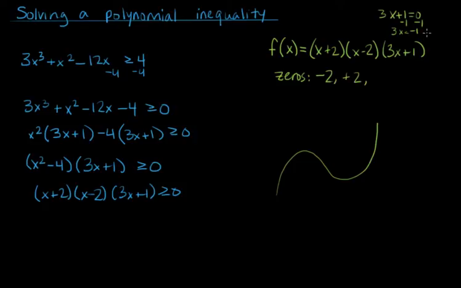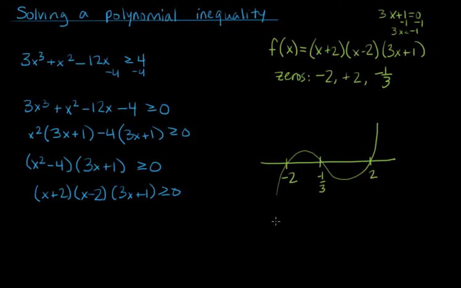So x equals -1/3. Okay? So we have zeros at -2, -1/3, and +2. That's where it equals 0.